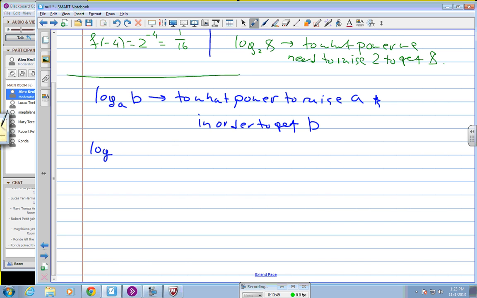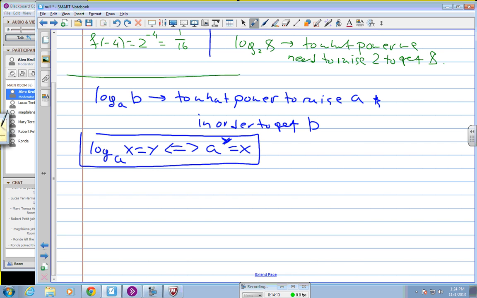Another way to define it: log base a of x equals y is equivalent to saying that a raised to the power y equals x. So these two are equivalent. Again, the logarithm gives you the power such that if you raise a to that power, you're going to get the input.